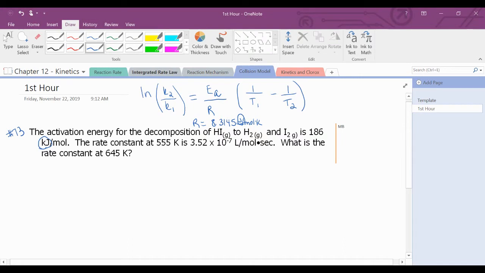So either you're going to have to convert both so they're both kilojoules, or you're going to have to convert so they're both joules. The rate constant at 555 Kelvin is 3.52 times 10 to the negative 7th liters per mole per second. And we want to know the rate constant at 645 K.